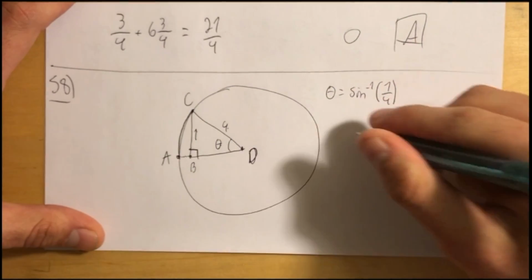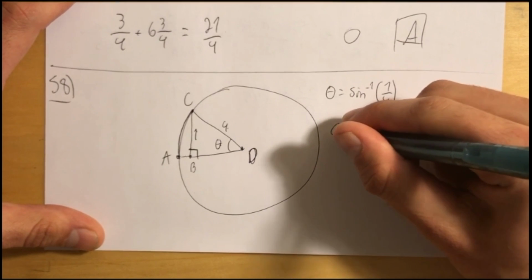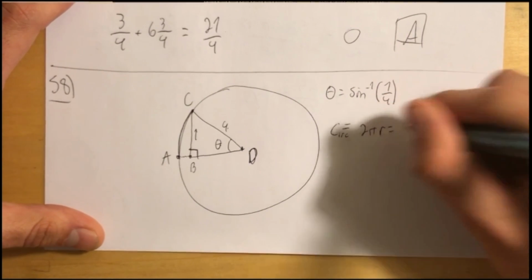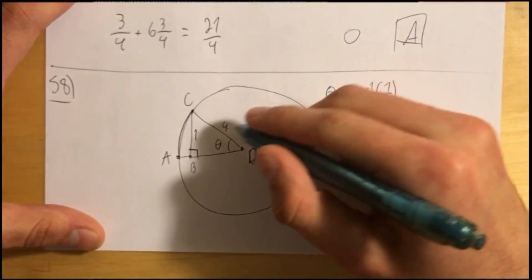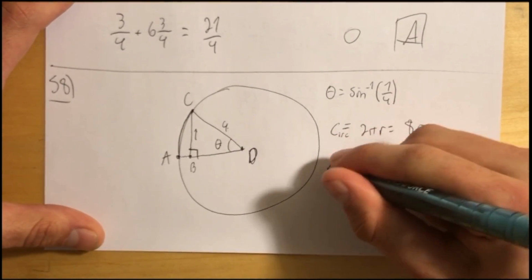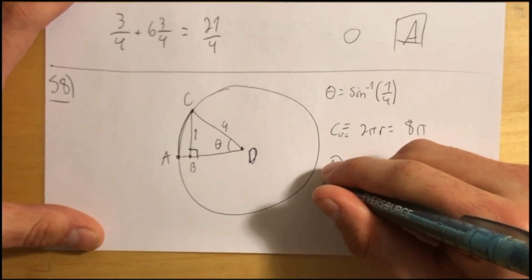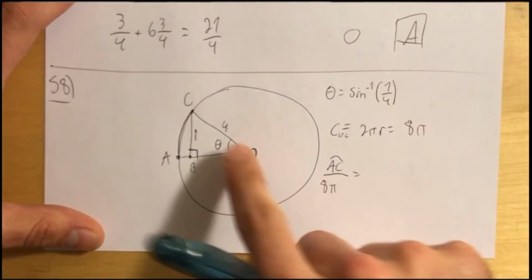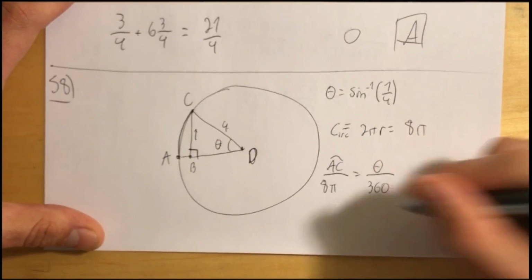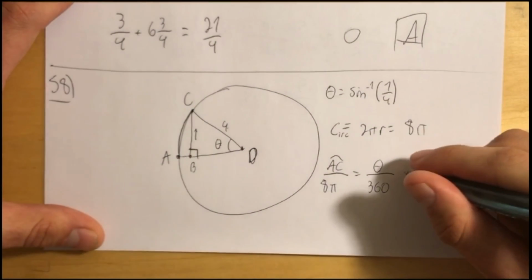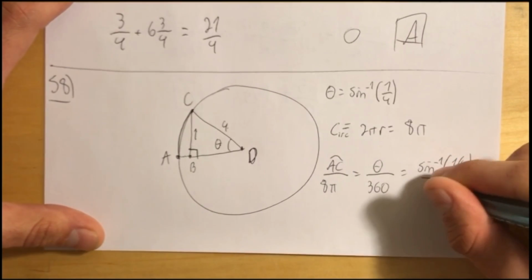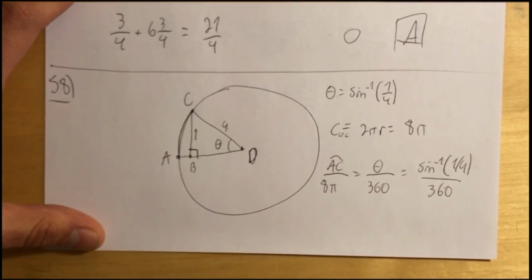And we know that the circumference of the circle is 2 pi r, which is 8 pi, because the radius is 4. So the length of AC over the circumference is the same as the ratio of theta to 360 degrees, which is, as we've calculated, inverse sine 1 over 4 over 360.